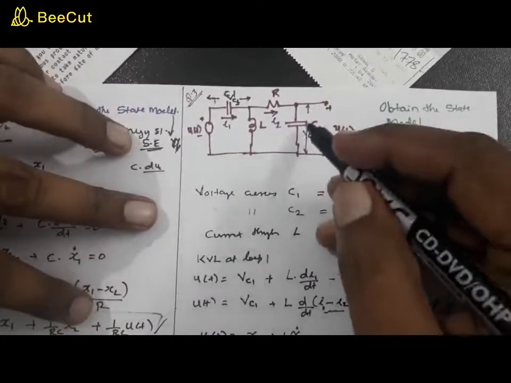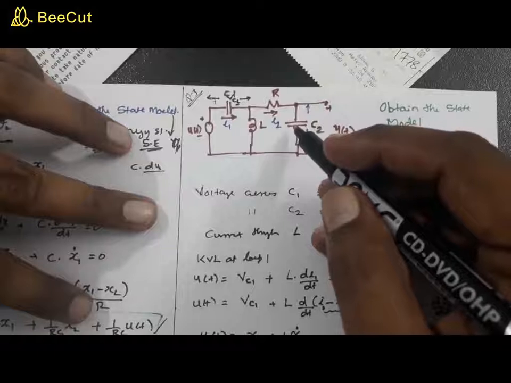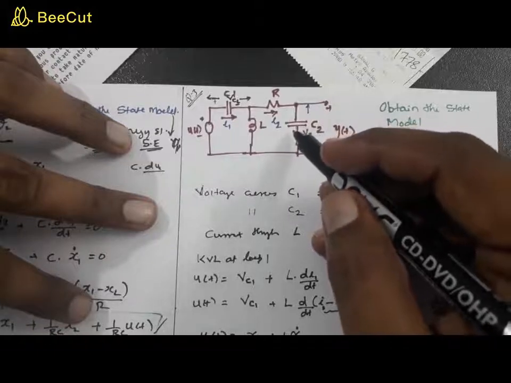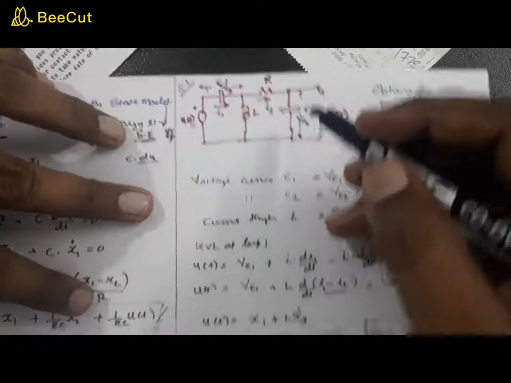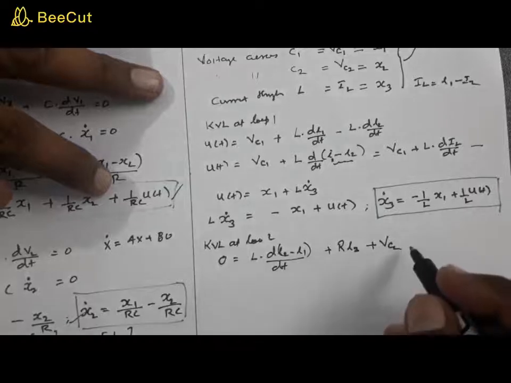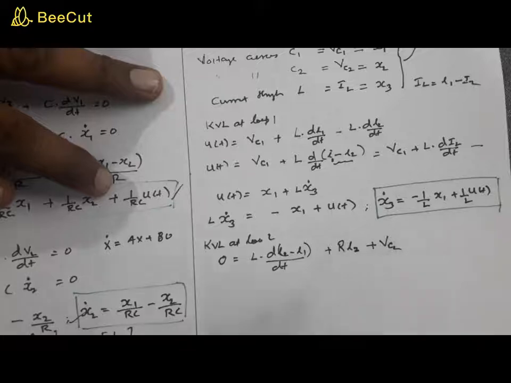You don't have to write 1 by C into integral I2 dt. Instead, you have already assigned VC2 to be the voltage across the capacitor C2. So this is VC2. Now let us see how to write this equation, R I2.